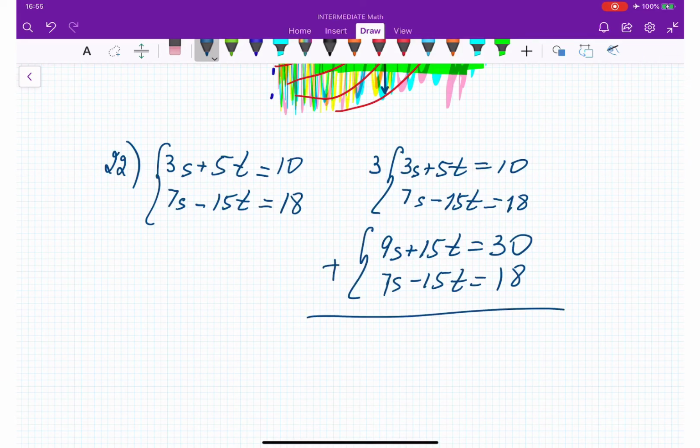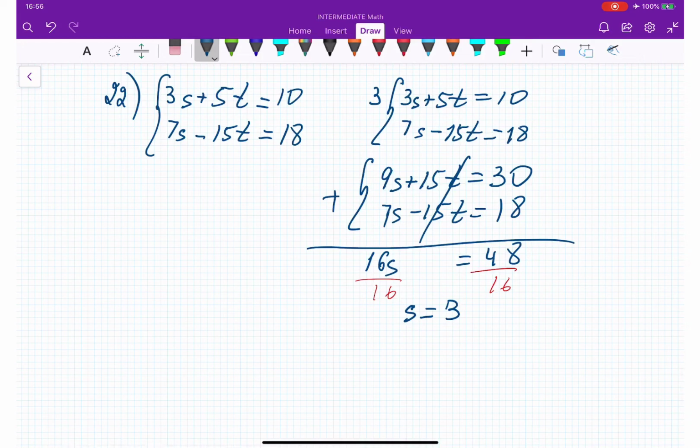If I add them, this is gone. 9 plus 7, it's going to be 16s, and this is going to be 48. So from here, dividing by 16, dividing by 16, s is equal to 3.